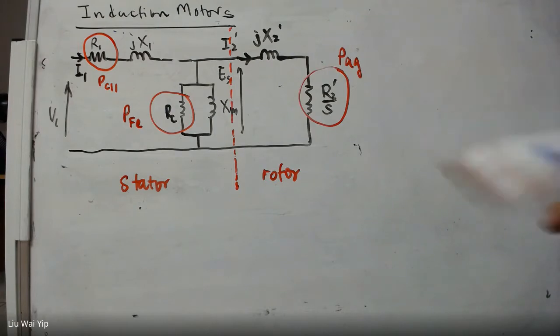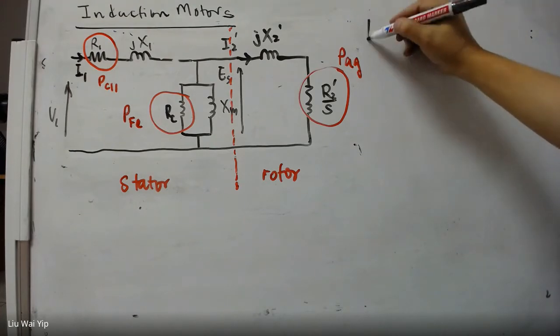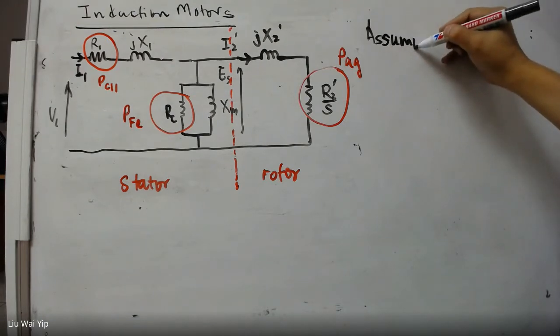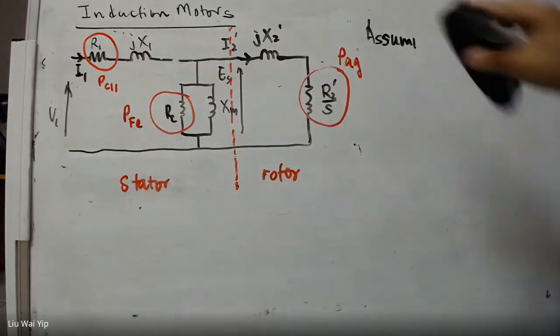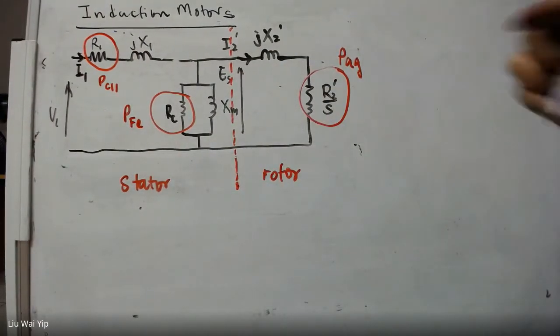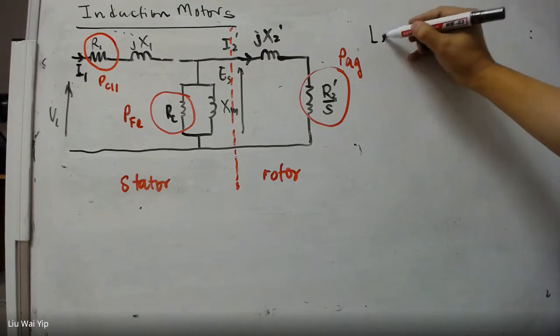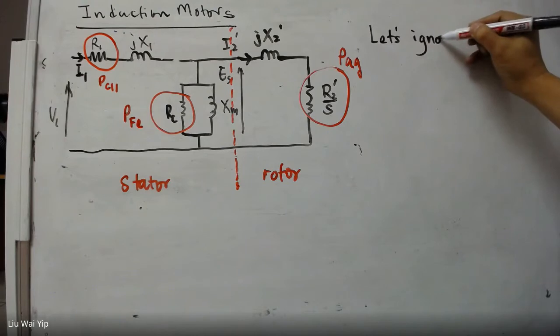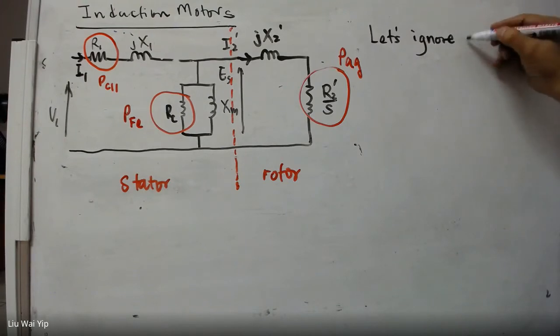And we also know that the core loss, the converter power, I mean the power for the motion. Let's for the time being have some assumption first. Just assume, let's ignore the friction.